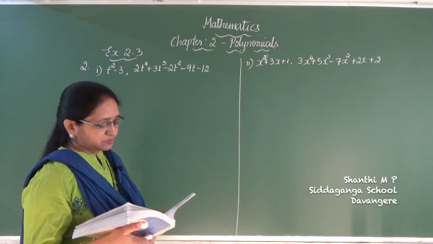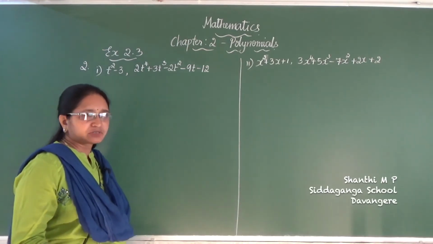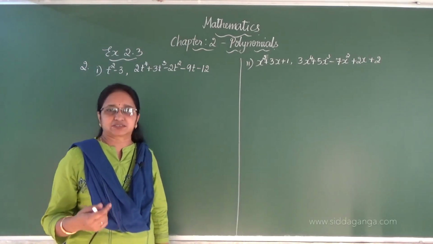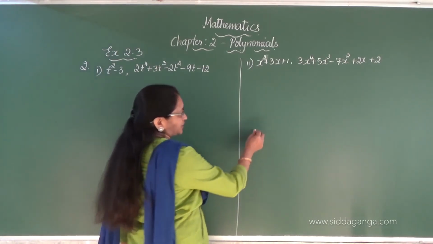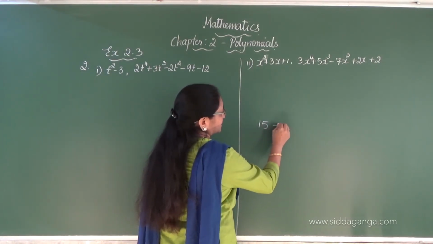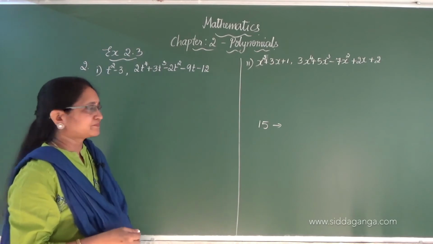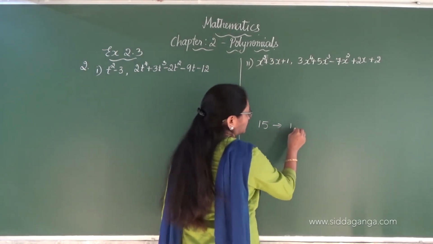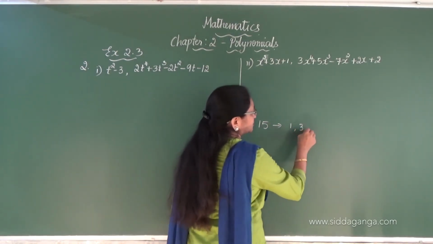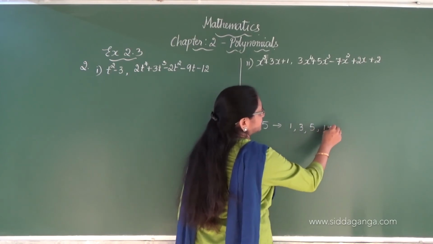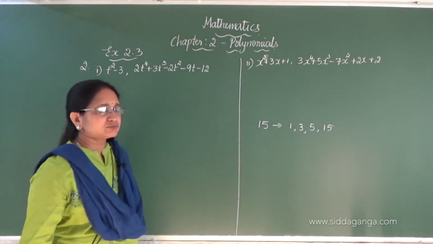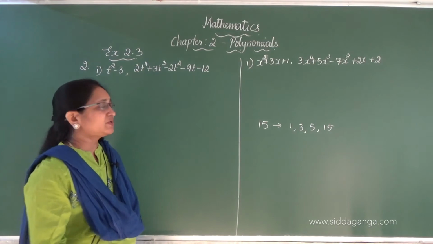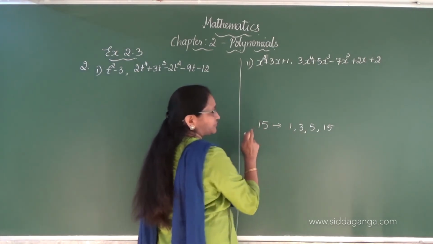See, in the lower classes you have learnt what factors are. For example, if I ask you to write the factors of 15, what will you write? 1, then 3, 5 and 15. Now these are the factors. Why do we call all these the factors of 15?